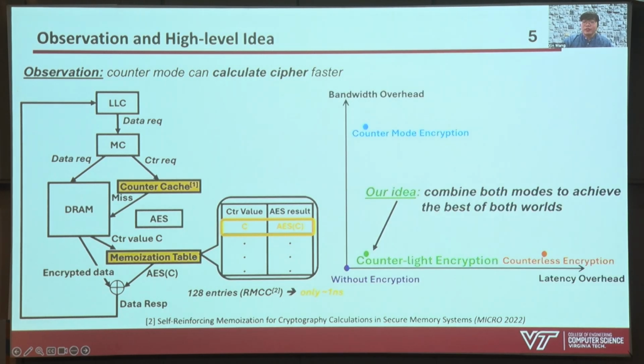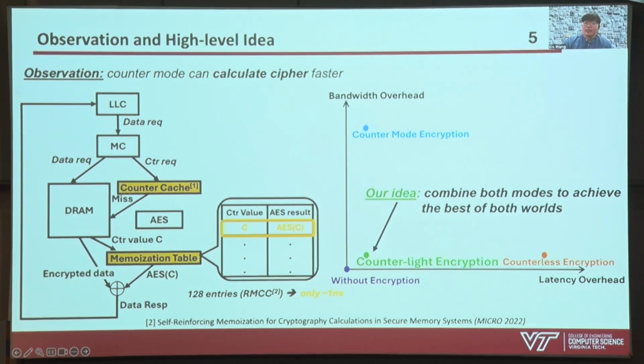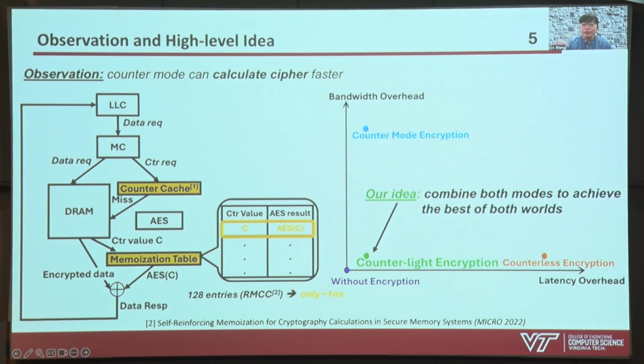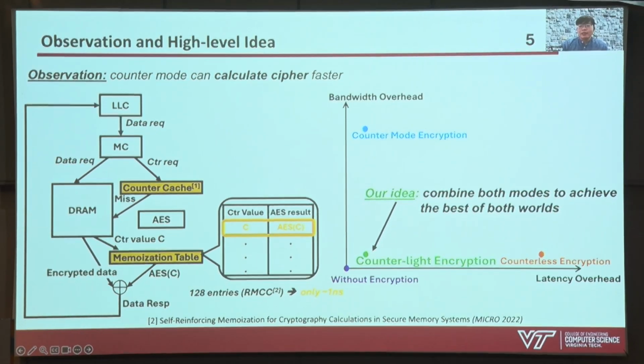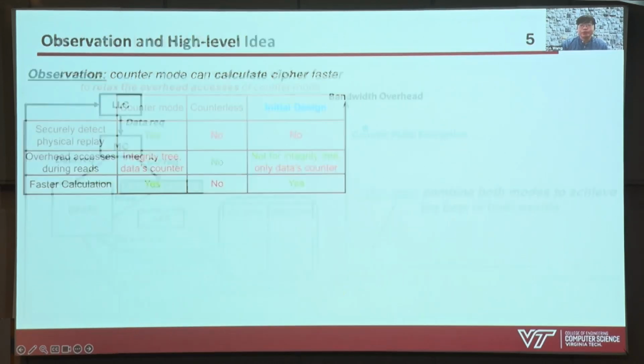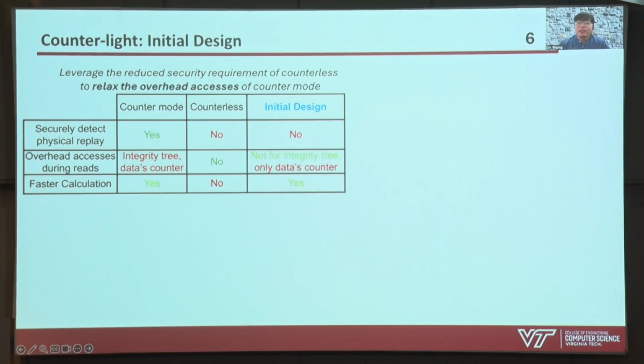Based on this observation, our high-level idea is to combine the efficient memory accesses of counterless and the faster cipher calculation of counter-mode to achieve the best of both worlds. We name our idea counter-led memory encryption. Counter-led combines the two encryption modes by relaxing the memory accesses of counter-mode to just meet the security requirements of counterless.